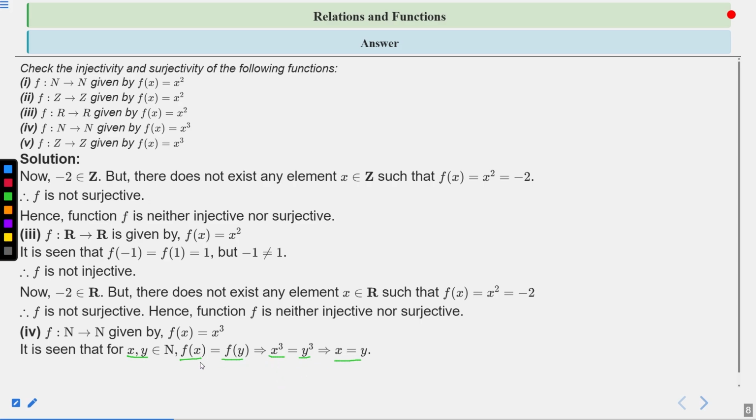So this whole line fulfils the condition for 1-1. We only have the same output when we have the same input. For two distinct inputs, we are not going to have the same output. So 1-1. Therefore, your defined function x cube from N to N is injective.